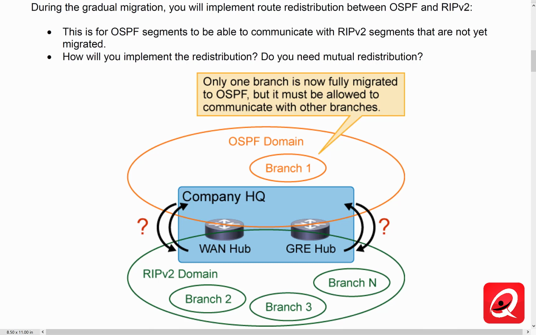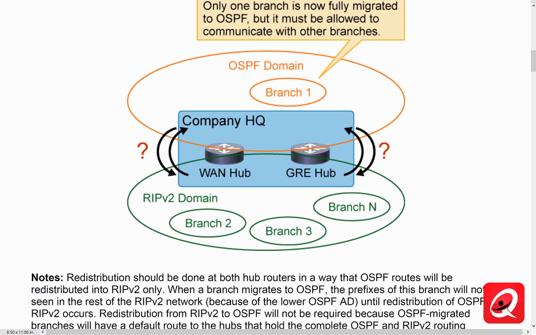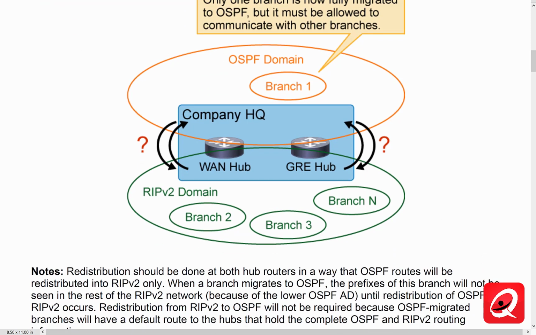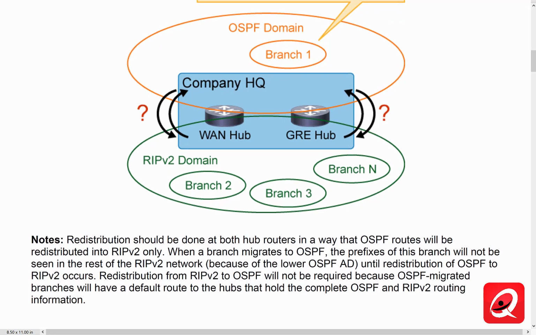So my argument is that redistribution wouldn't be necessary, because if I'm not learning the route through OSPF, I would still be learning the route through RIP, because RIP is still running on all of our devices. All right. And by the way, redistribution would just complicate things anyway. Why would I want to add redistribution?